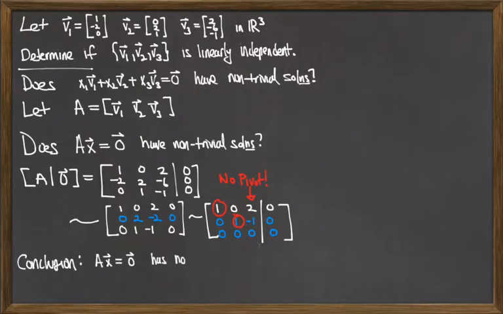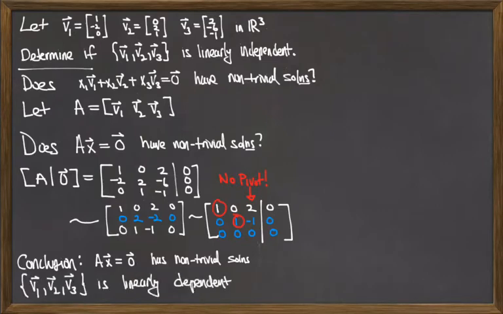So here's our conclusion. Ax = 0 has non-trivial solutions. Therefore, according to the definition, the set containing my three vectors that are the columns of this matrix A is linearly dependent.